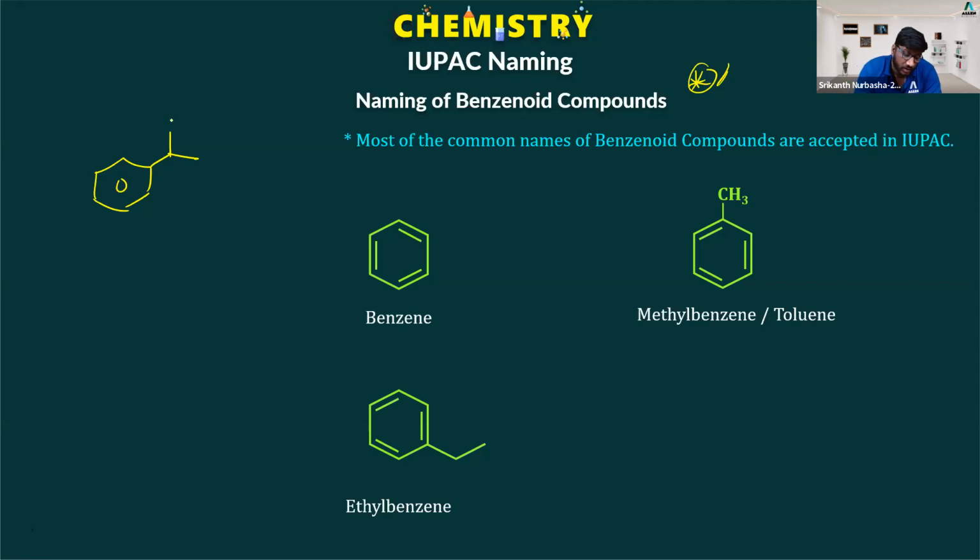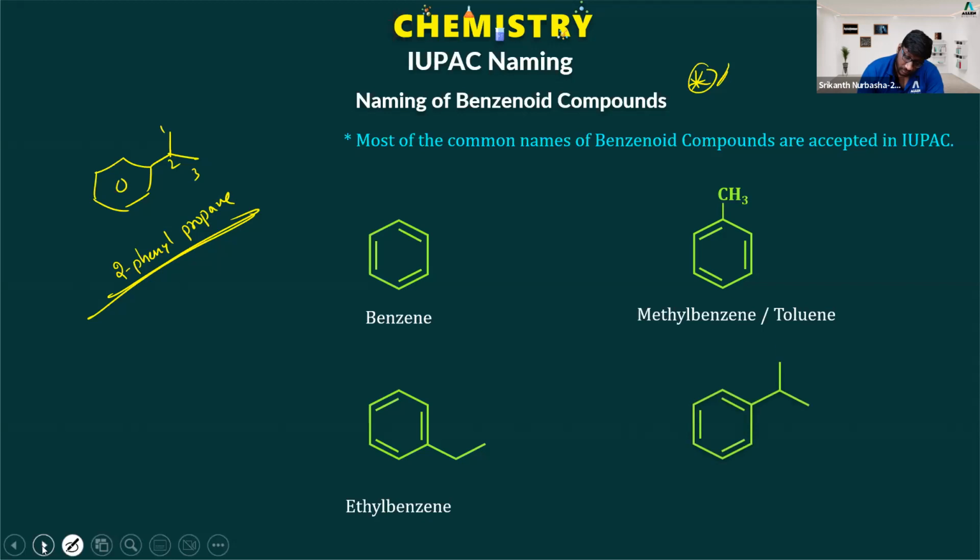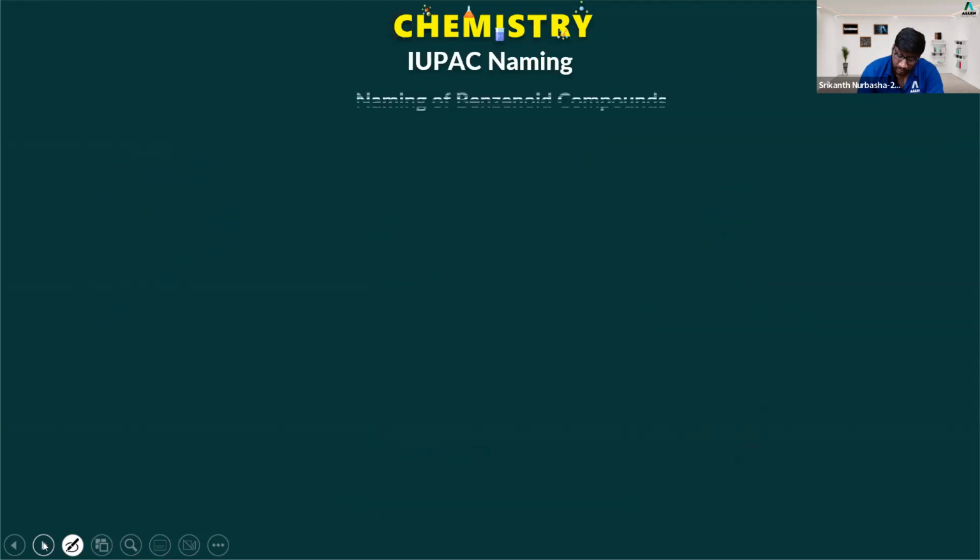Numbering can be given in this fashion: 2-phenyl propane. 2-phenyl propane can also be given to that particular carbon atom. It is also called isopropyl benzene or cumene. 2-phenyl propane, or cumene, or isopropyl benzene.